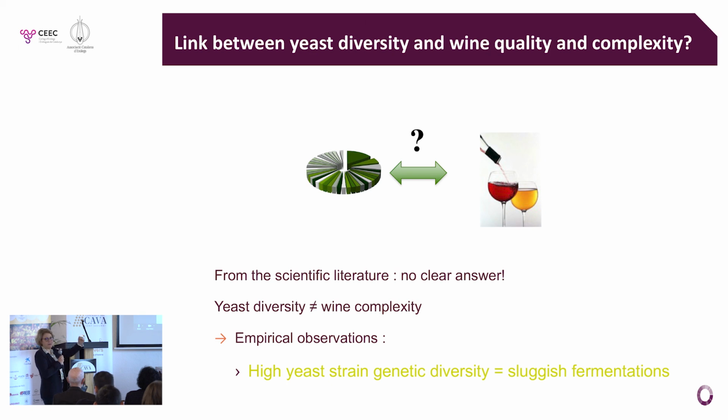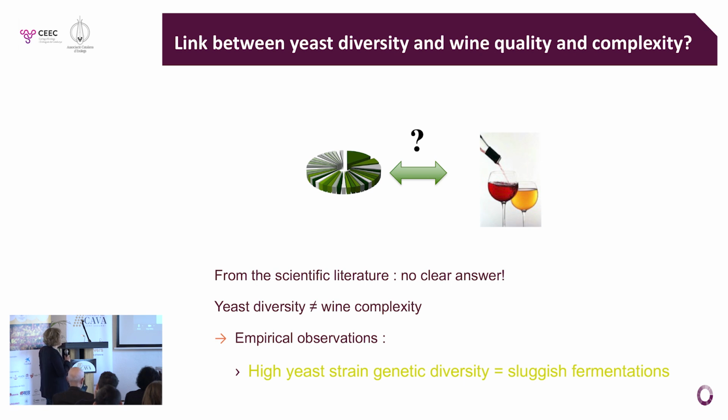We have evidence now that there is sensory interaction of different volatile compounds. For example, you also have interaction between different yeasts, non-Sac yeast and Saccharomyces cerevisiae. So be careful with this concept: it's easy and logical to think that yeast diversity is related to wine complexity, but till now we don't have clear scientific evidence of that.